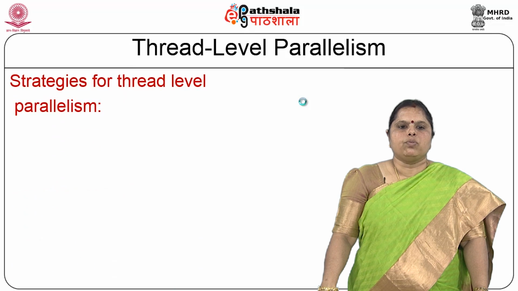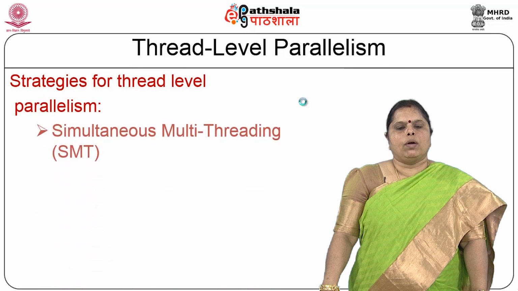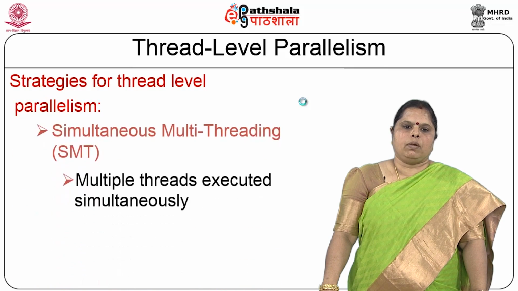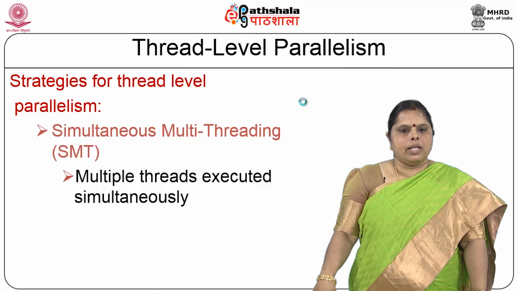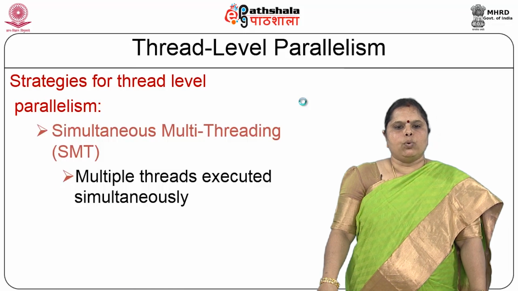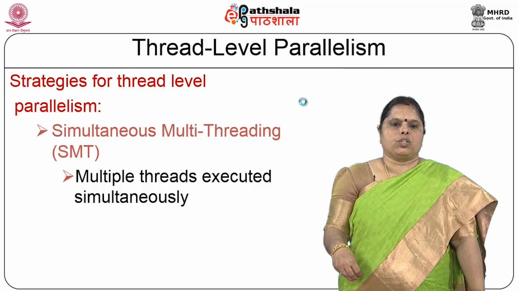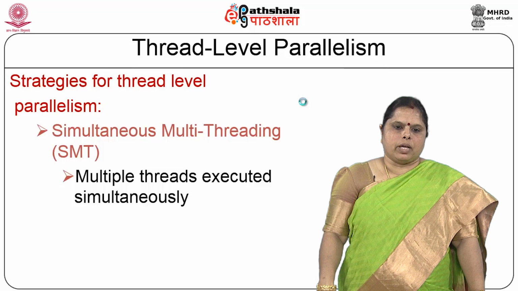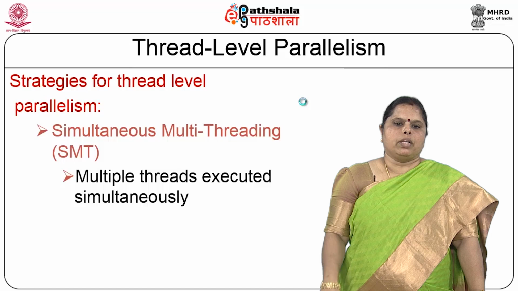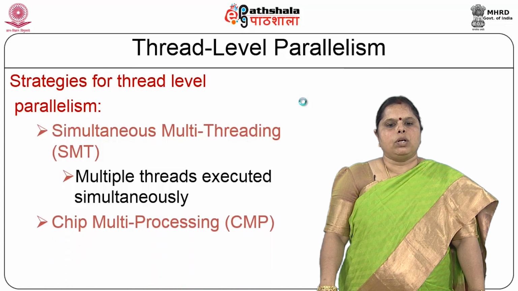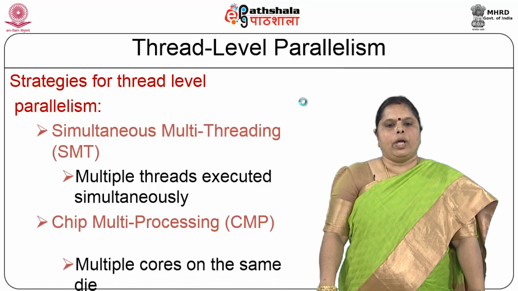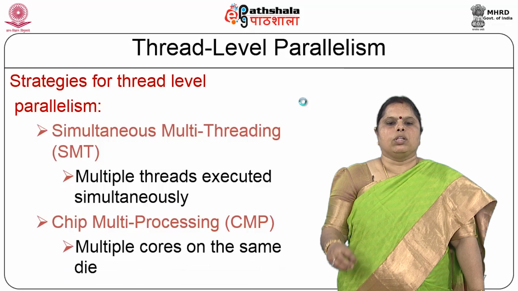So, strategies for thread level parallelism: you have two main strategies. One is simultaneous multithreading, where you try to take multiple instructions from multiple threads of execution and issue them simultaneously. The second one is chip multiprocessors, where you have multiple cores on the same die.